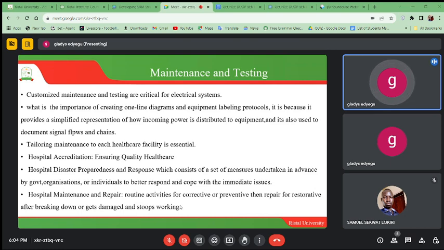So hospital maintenance looks at very many things in relation to the hospital. It can look at the structures, it can look at the different equipment that we are using. But in relation to mechanical engineering, we are looking at things like electricity. So we need to see how we are able to maintain.